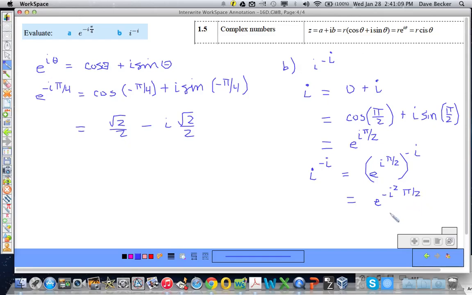Things are looking great now, correct? And i squared is equal to negative 1. And negative 1 times negative 1, last time I checked, was positive 1. So we end up with e to the pi over 2. Fairly nice. Hopefully it's straightforward, very simple, very easy.